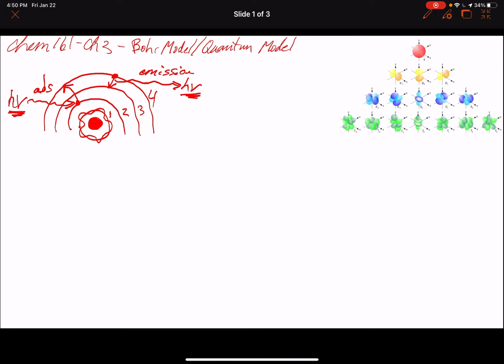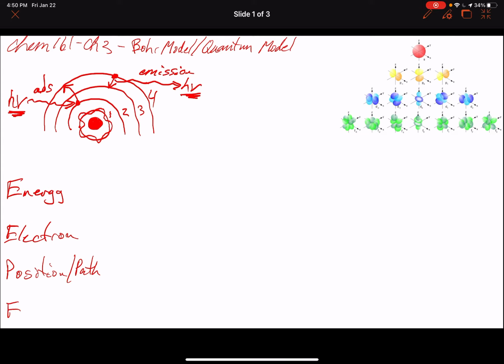Okay, the quantum mechanics model is going to look quite a bit different. So let's see if we can organize our thoughts on that in the form of a table. We'll comment on what's known about energy in the model, the electron, the position and path of that electron.